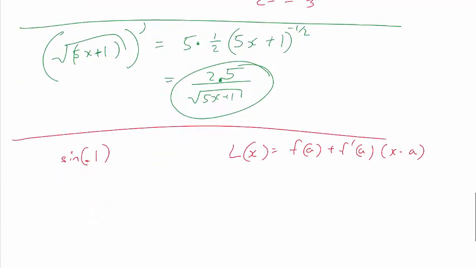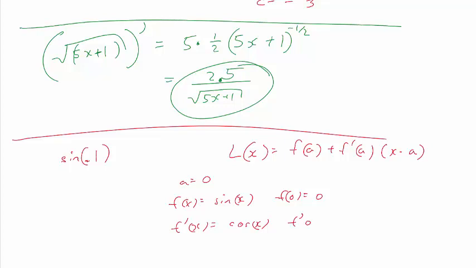We're going to use a equals 0, and we're going to use f of x to be sine of x. Therefore f prime of x is simply cosine of x, and then f of 0 equals 0, and f prime at 0 equals 1.